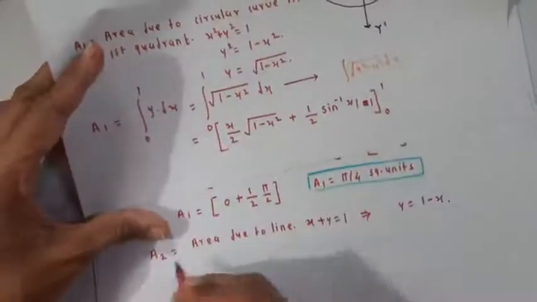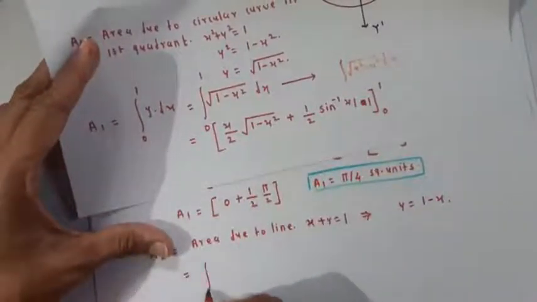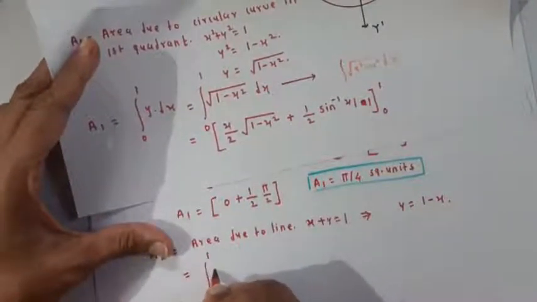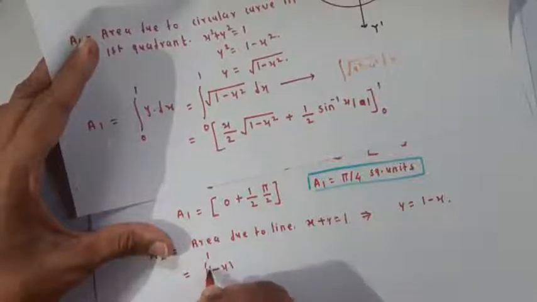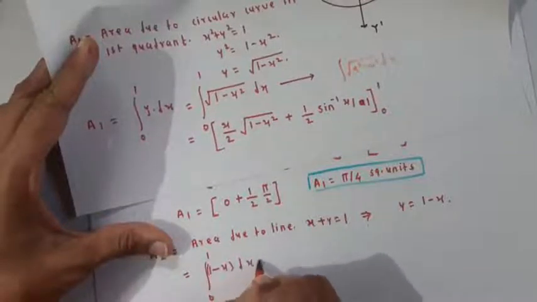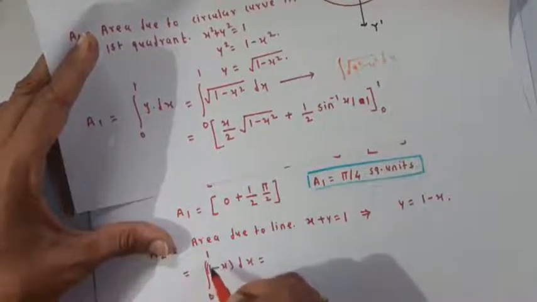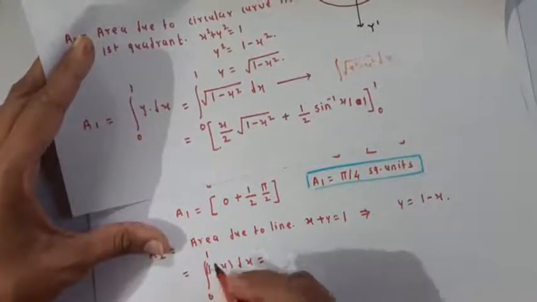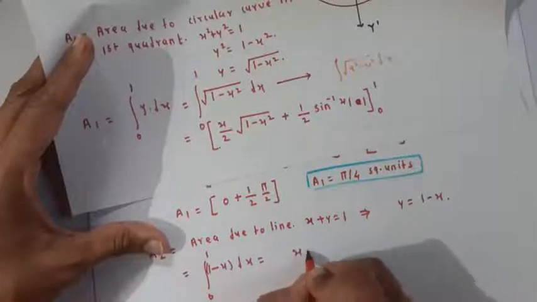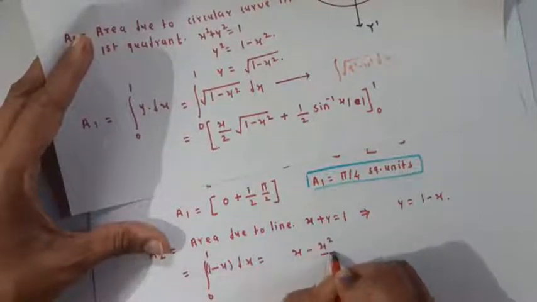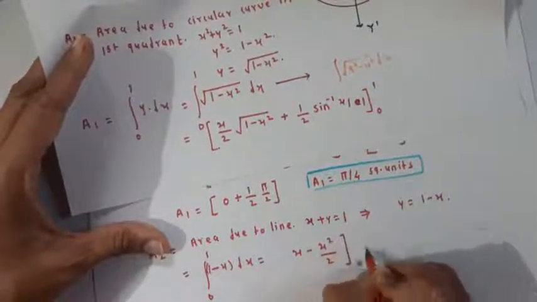So this is equal to the integral from 0 to 1 of (1 minus x) with respect to x, which is x minus x square upon 2, from 0 to 1.